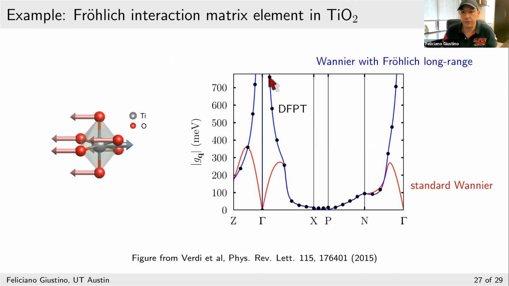This kind of divergence, we cannot just remove it. The Wannier-Fourier interpolation method is very simply a way to not compute these terms one by one, because that would be very expensive, but to compute them very efficiently using an interpolation method. This is exactly the same as what happens for dynamical matrices in polar semiconductors, for example.